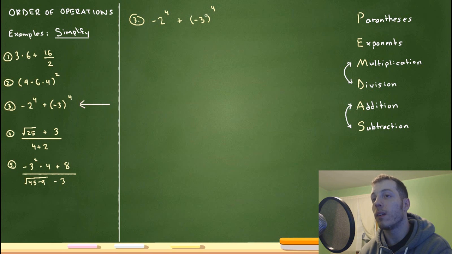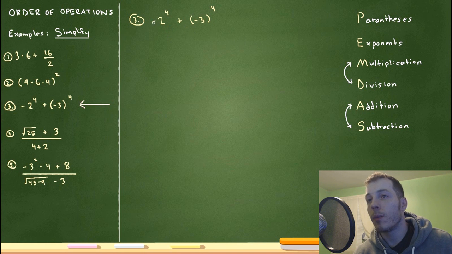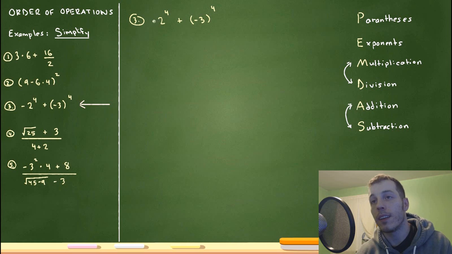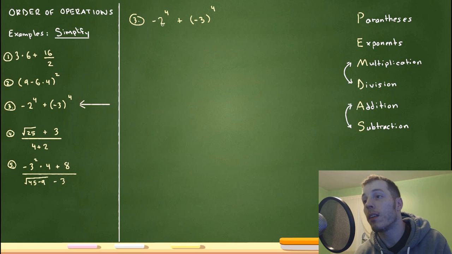We have this 2 to the 4th and this negative 3 to the 4th. Now notice how I said we have 2 to the 4th. We don't have negative 2 to the 4th. It's just 2 to the 4th. Okay? Because this negative is really a multiplication. This is a negative 1 essentially times 2.